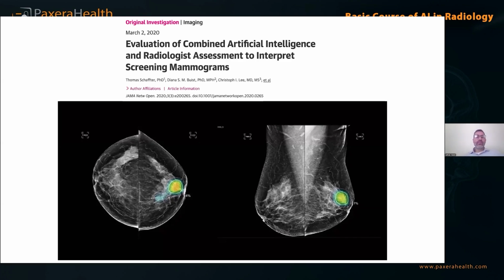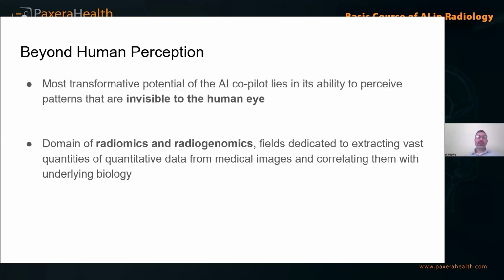Beyond human perception, and I think this is one of the most exciting pieces of AI, is really looking to perceive patterns that are invisible to the human eye. So things like radiomics and radiogenomics are extracting vast quantities of quantitative data from medical imaging and correlating them with underlying biology.